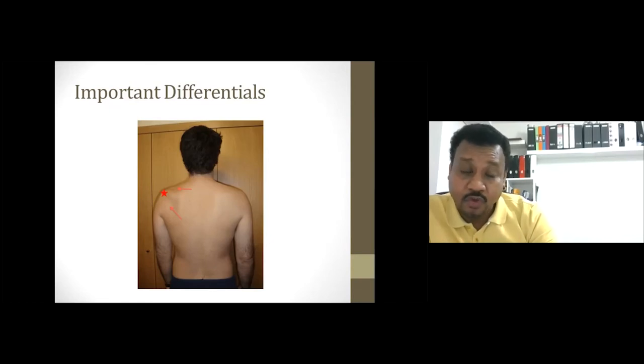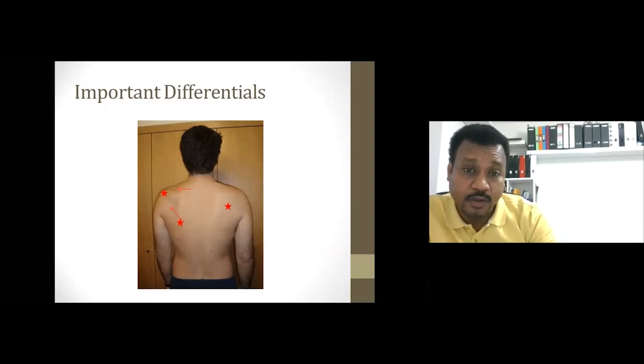The deltoid is not wasted. I'm thinking this is not brachial plexus or Parsonage-Turner. I'm suspecting this most likely rotator cuff arthropathy. Looking at the winging also will give you an impression whether it's a brachial plexus injury or rotator cuff arthropathy.